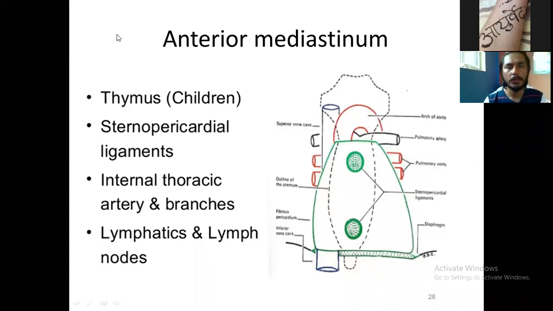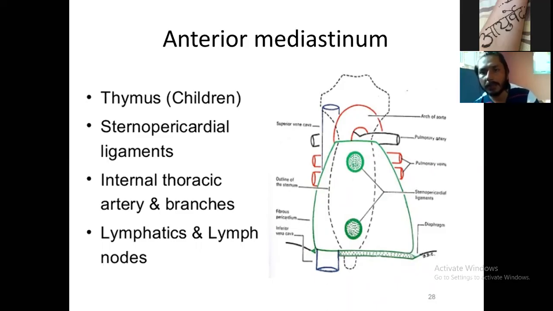The major portion of the thymus gland will be in the superior mediastinum. The thymus gland is larger in children, so some part may extend into the anterior mediastinum also.